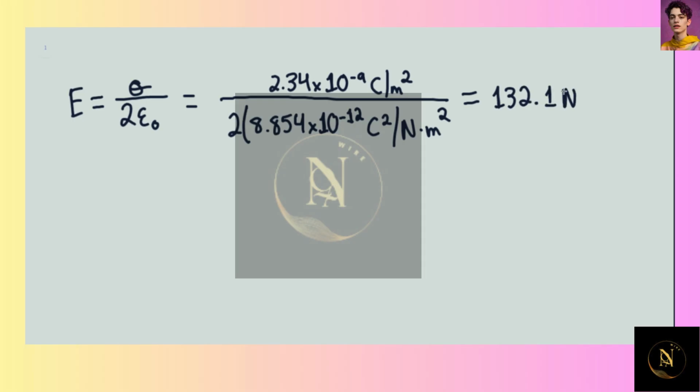132.1 newtons per coulomb. And so we can use Newton's second law and find the acceleration in the y direction. This would be equal to the magnitude of the electric field times the charge divided by the mass.